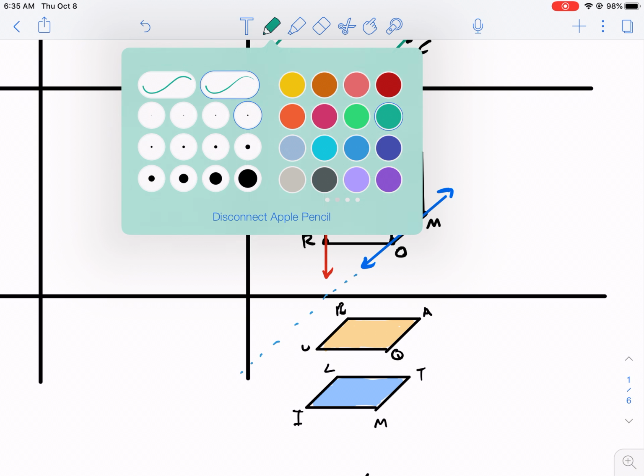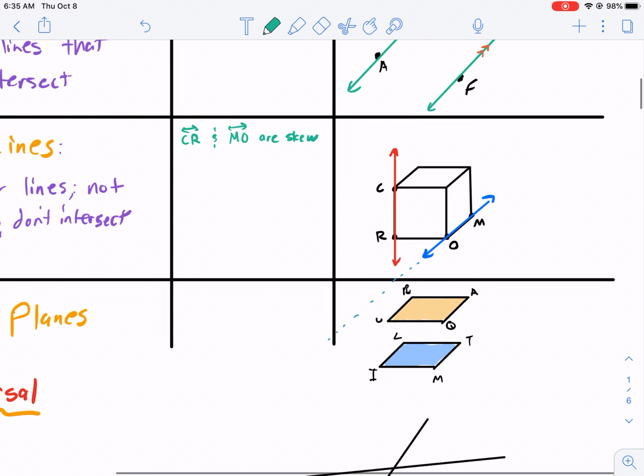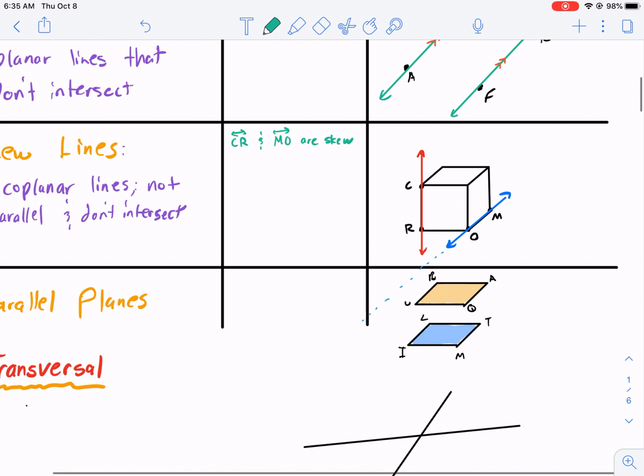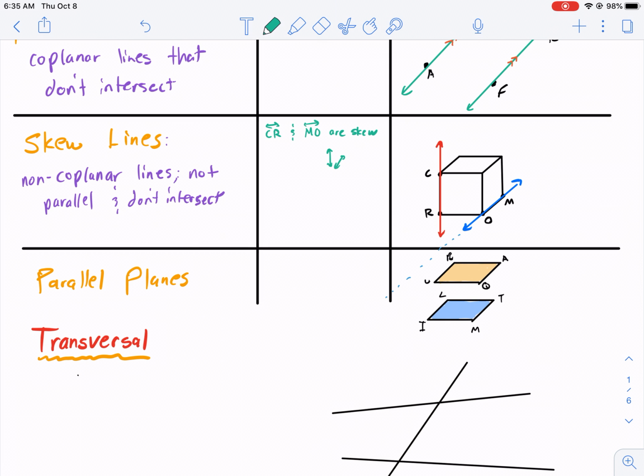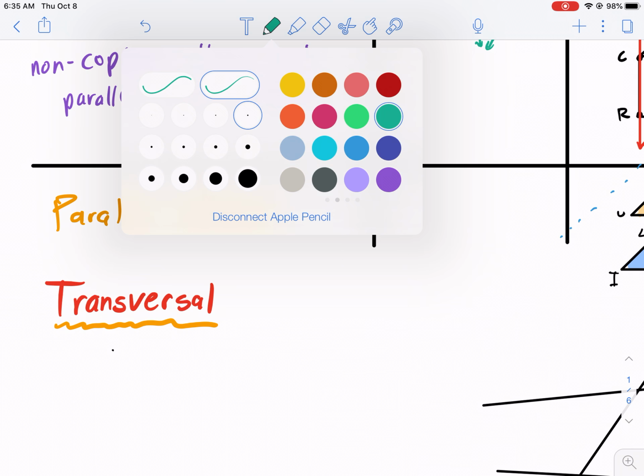There's no symbol for it really, but we have lines CR and MO are skew. That's how you write they're skew. It's kind of pathetic, honestly. There should be a symbol. I guess that's why there's no symbol.